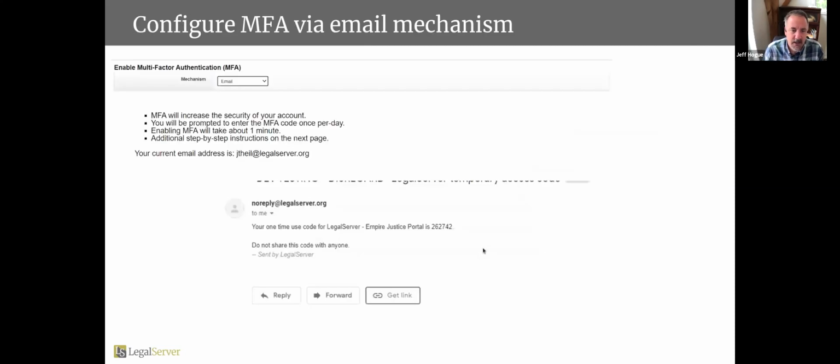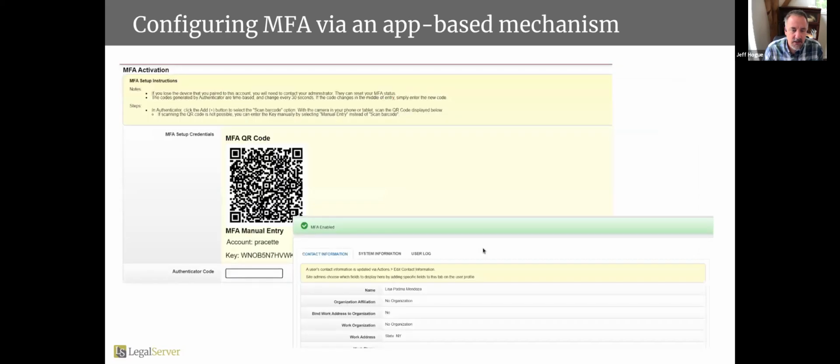I'm going to skip forward a couple of slides. One methodology is, if you choose mobile device app, the user is eventually going to see this on their screen, and they're going to need to have installed an app, not a LegalServer app, but one of the authenticator apps on their phone. It can be any of the popular authentication apps. You can use, believe it or not, Google's Authenticator app to log into anything to get this code.